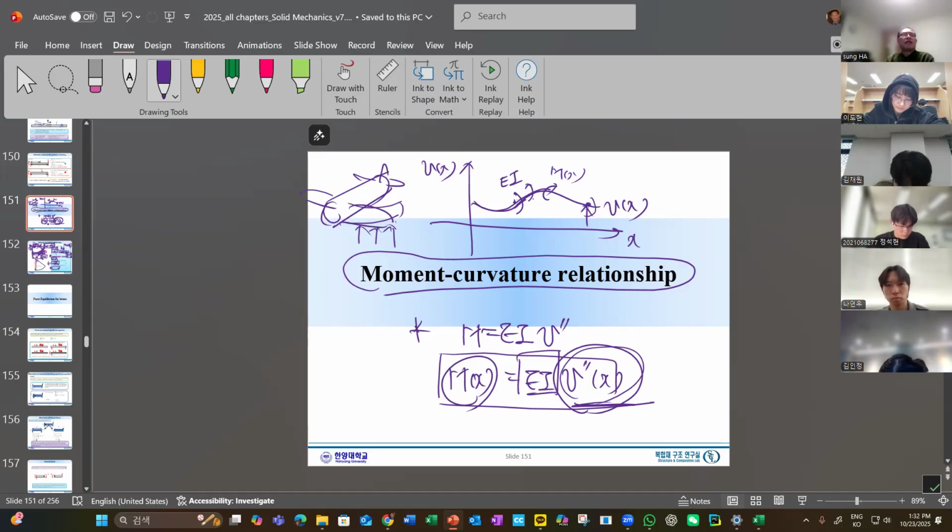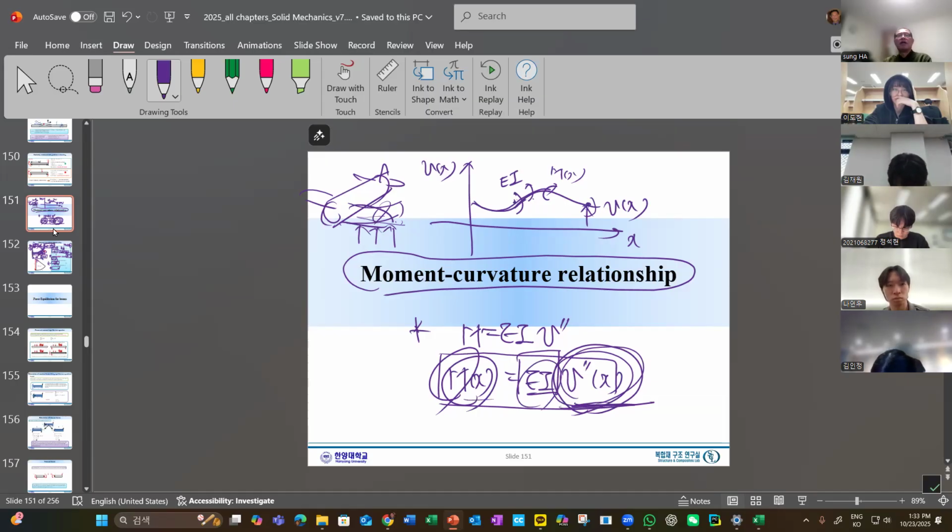As you can see, any cross section along this length will have a certain curvature or a certain deflection. If we know the second derivative of that, we know the moment at that cross section: we simply multiply EI and v double prime. That will be the moment that cross section carries.